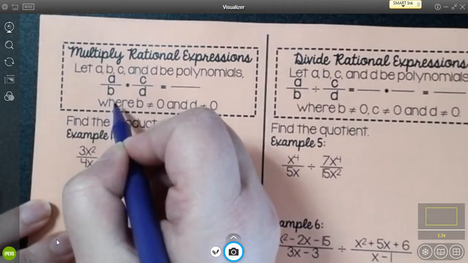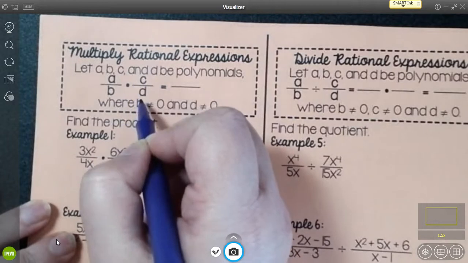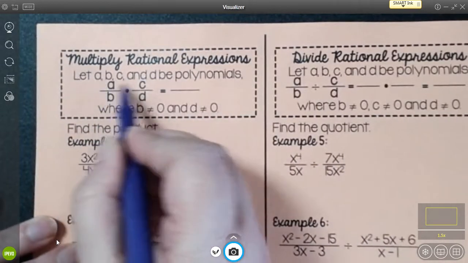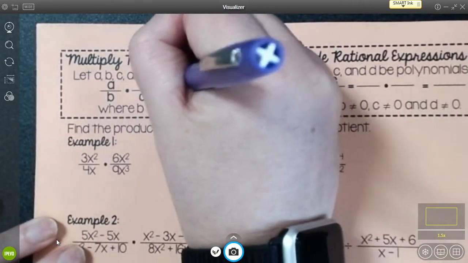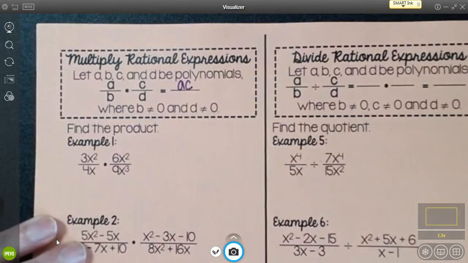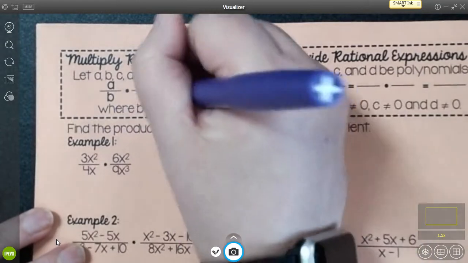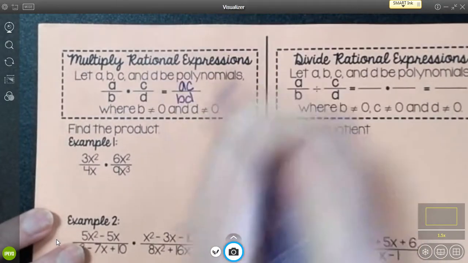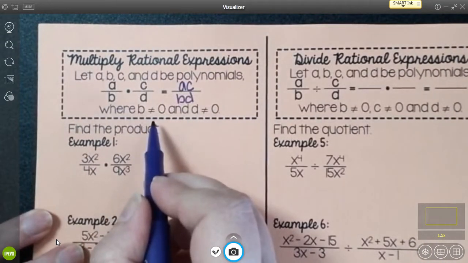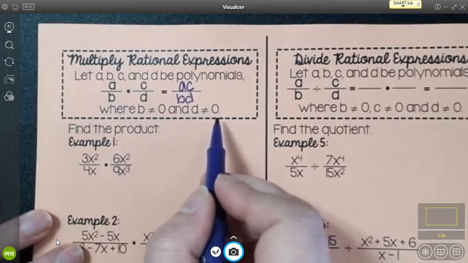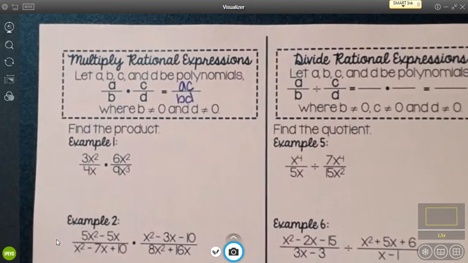So A over B times C over D. Again, we're going to go straight across the top. So we have A times C, straight across the bottom, B times D, where B does not equal 0 and D does not equal 0, because again, we cannot divide by 0.